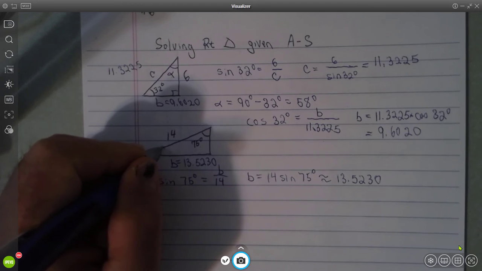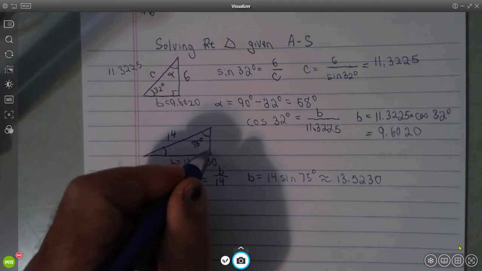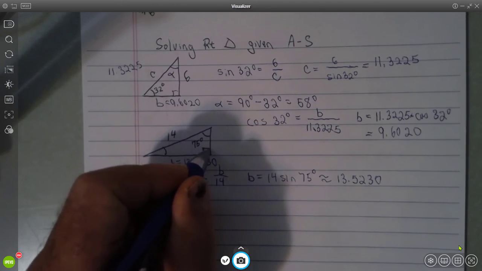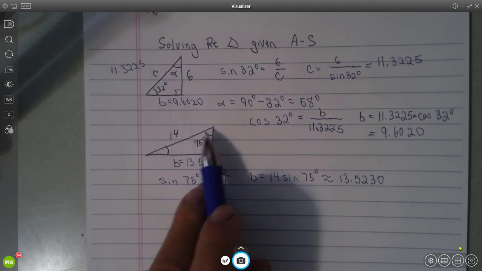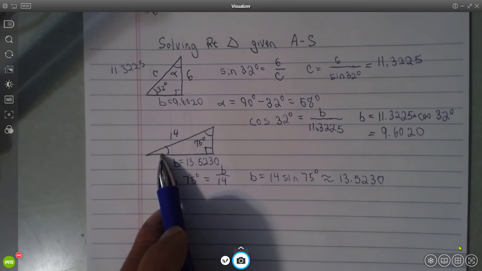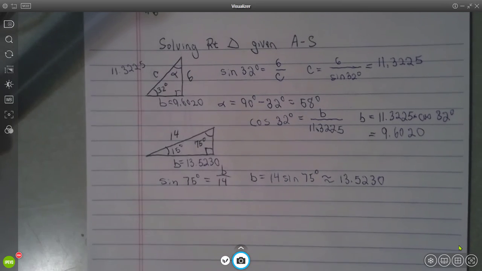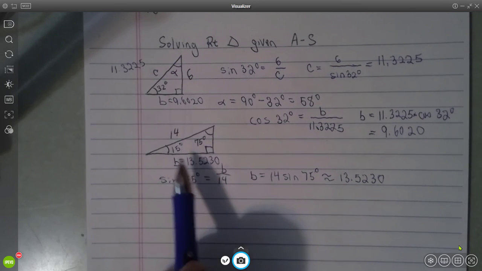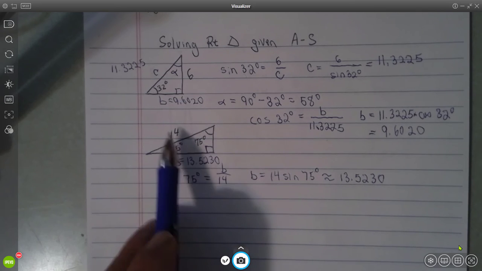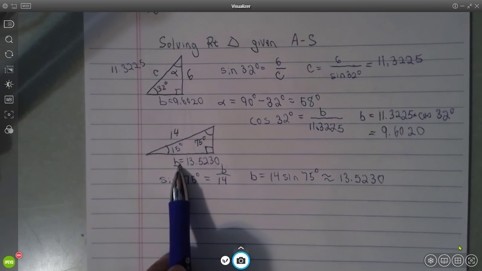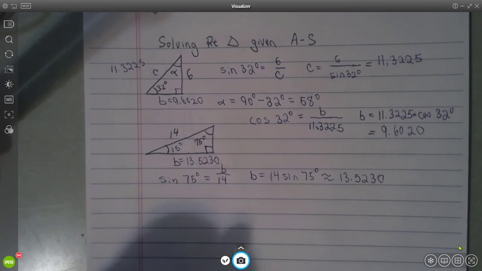All right, this angle here, we've used up 90 of the 180 in the right angle. So this and this have to sum to 90, and that means that 15 are left over here. We have all three angles now. And we have two of the three sides. So how about if we do the sine again?